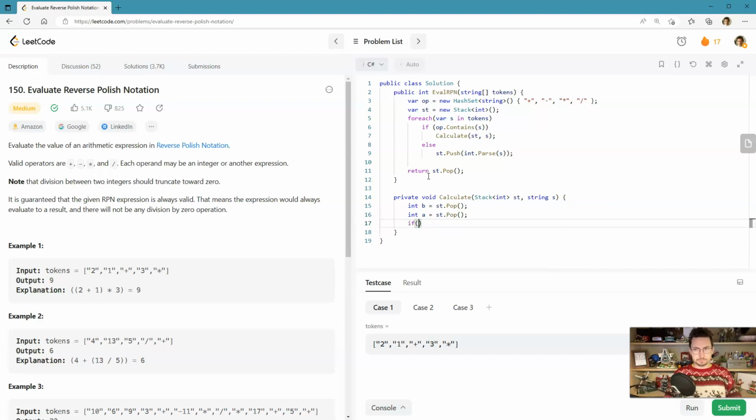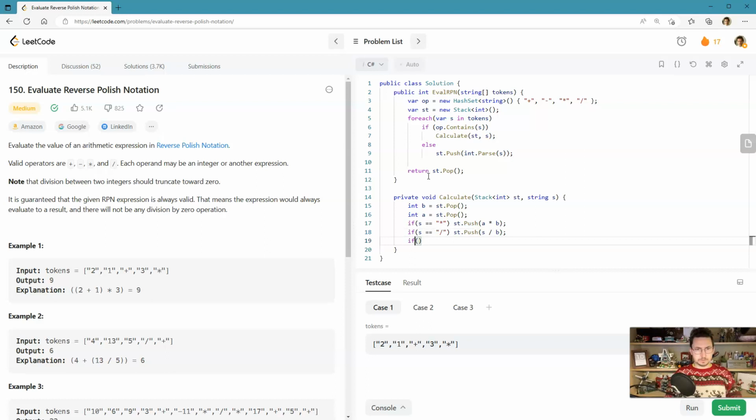If s equals multiply, then push a multiply b. If s equals divide, push a divided by b.